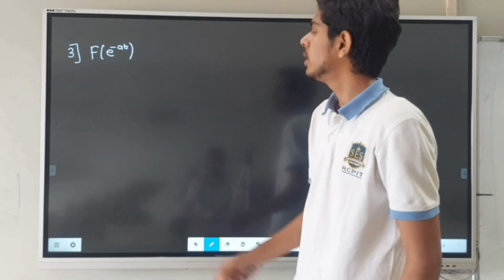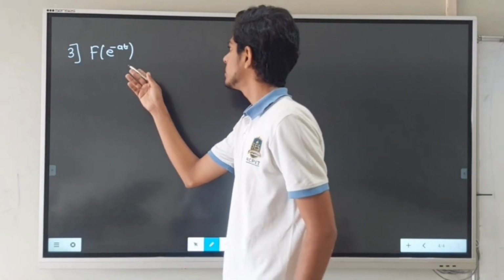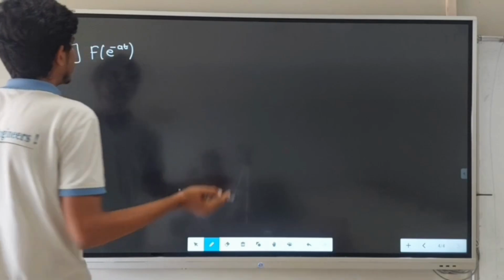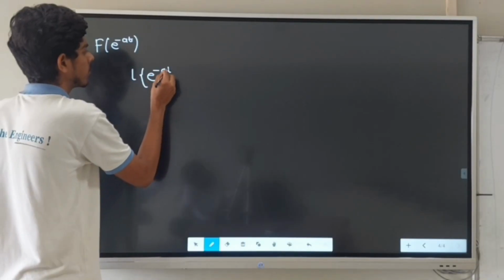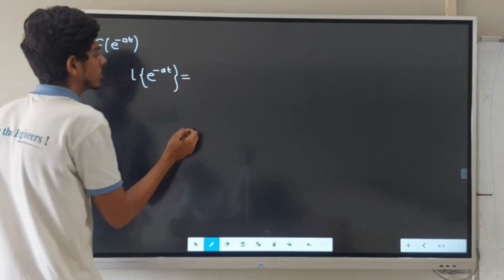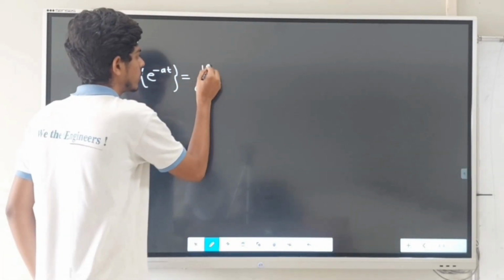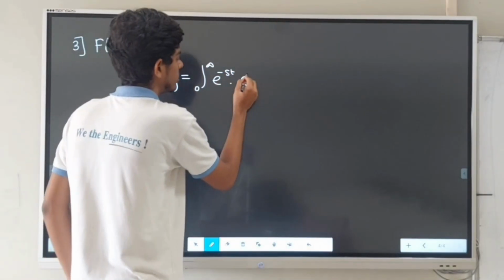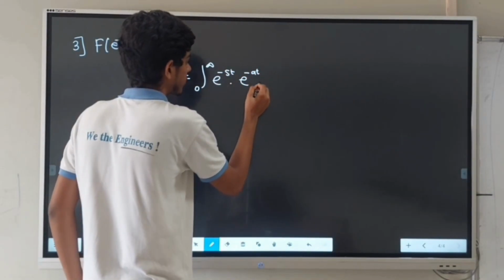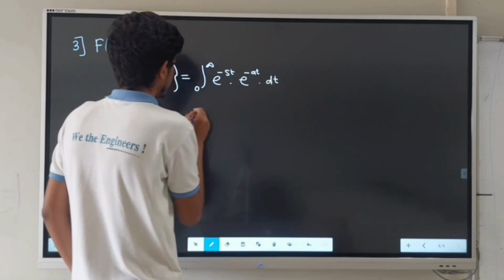Then another example is f of t equal to e raised to minus at. Laplace transform of the function e raised to minus at is equal to integration from 0 to infinity e raised to minus st into e raised to minus at dt.